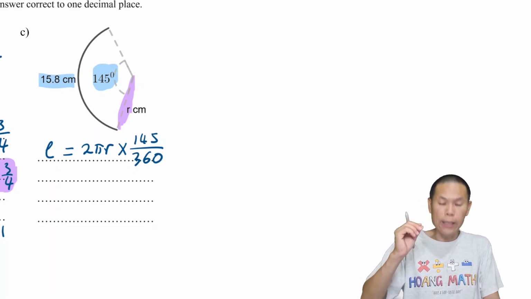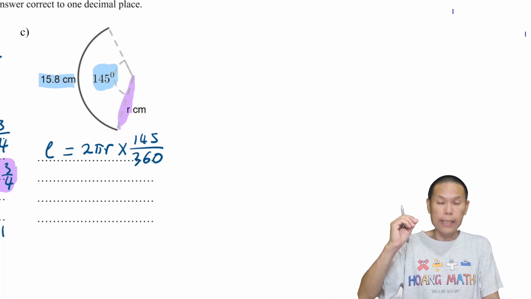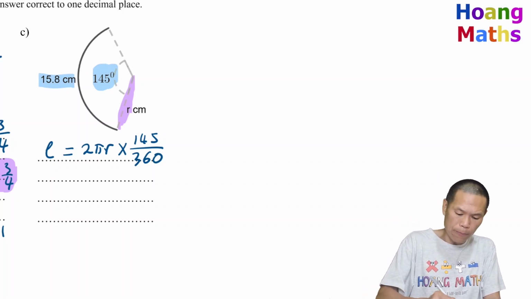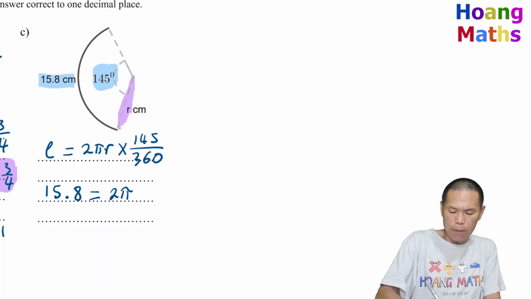And the radius is what we need to find, and the arc length in this case is 15.8. So we just substitute the value in. So that is 15.8 is 2 pi times the radius, times 145 over 360.